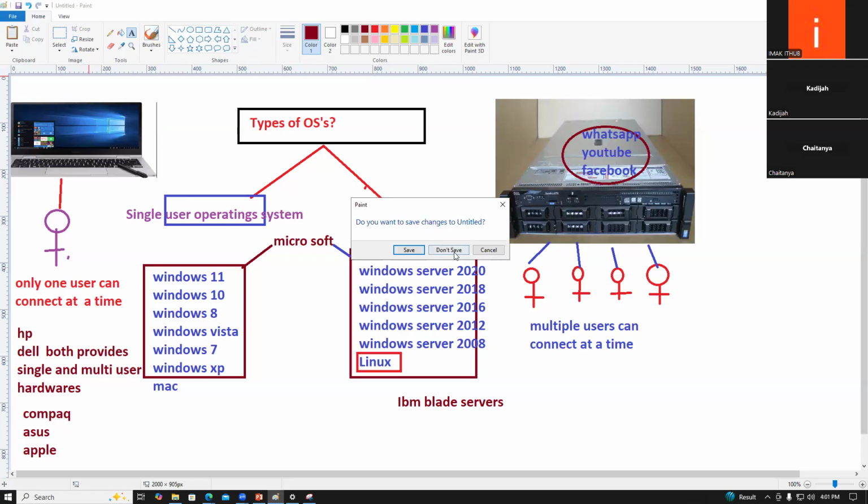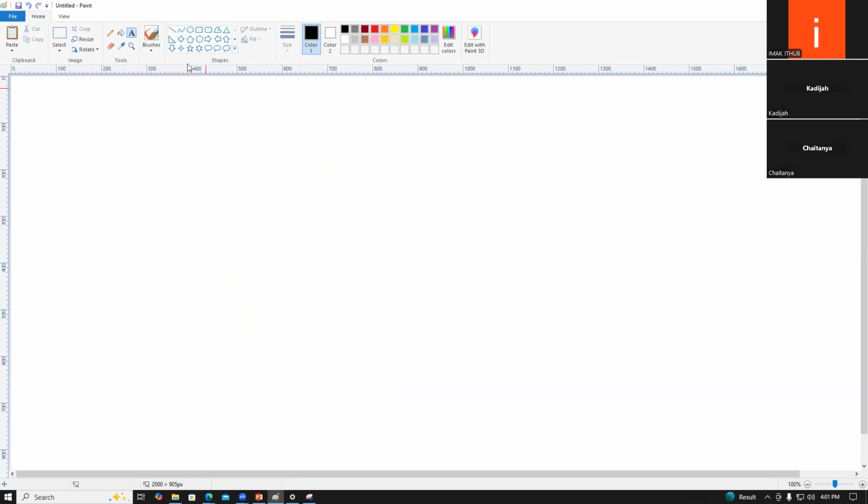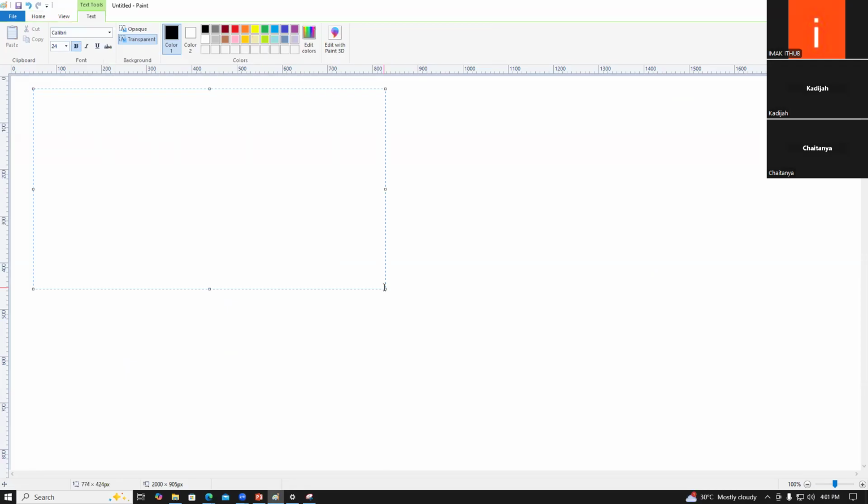Now you understood? Then I have a quick question: is Microsoft the only company that makes operating systems? No, not only operating systems. They have multiple products. They designed the language called .NET. But the OS is also designed by the Microsoft company.